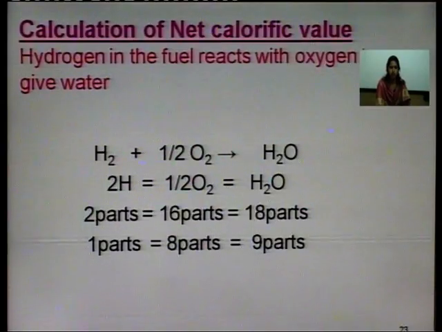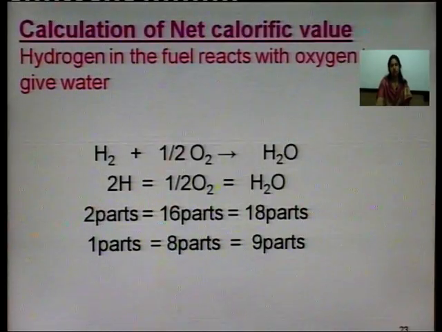Hydrogen in the fuel reacts with oxygen to give water. So, hydrogen is reacting with half molecule of oxygen to form H2O, one molecule of water. So, what we are taking from the reaction is that 2 parts of hydrogen react with 16 parts of oxygen to form 18 parts of water.